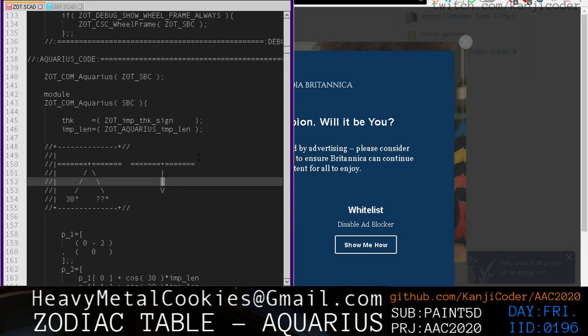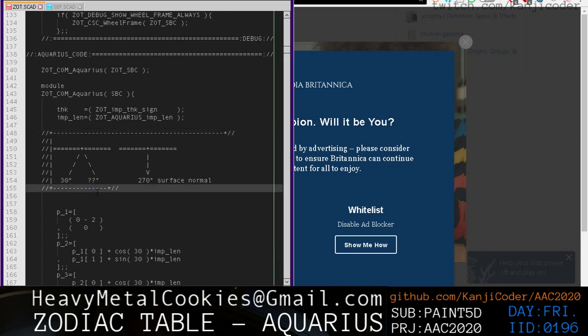If this is 90, this is 180, this is 270, so that's a 270 degree surface normal there, right?